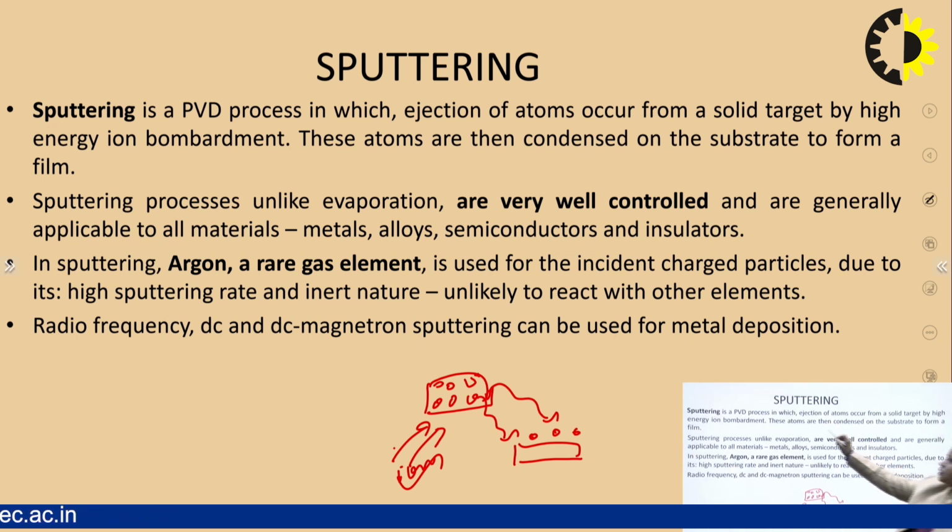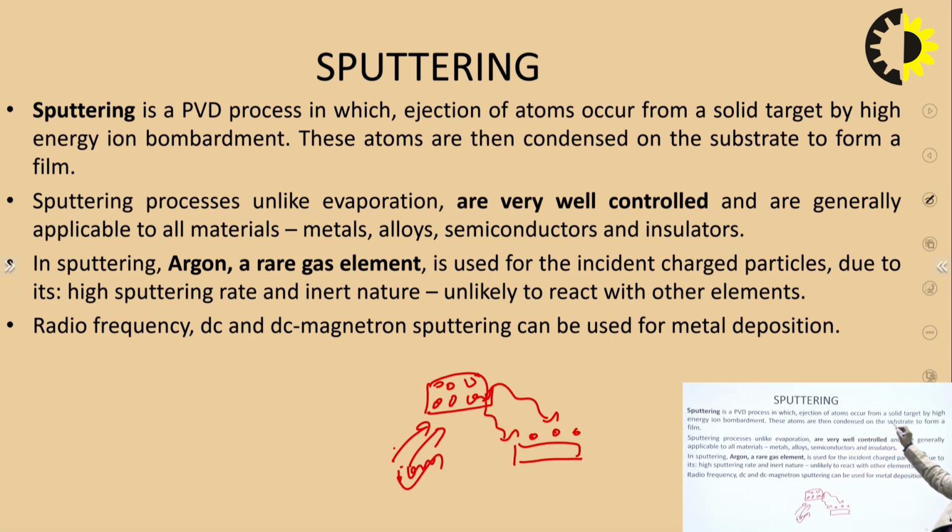I have written that it is a PVD process in which ejection of atoms occurs from a solid target by high-energy bombardment. These atoms are then condensed on the substrate to form a film, right? This is a well-controlled method, as evaporation is not well controlled. We all know that when a particular source is heated, it will create vapor, and that vapor cannot be controlled.